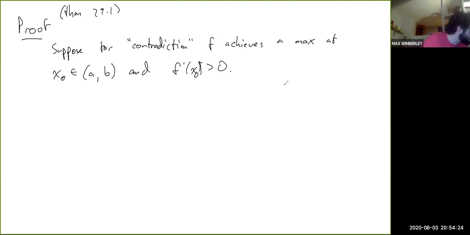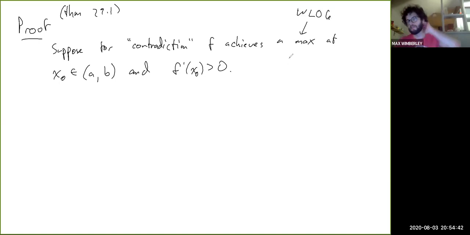Then, sorry, one sec. This we're assuming without loss of generality.